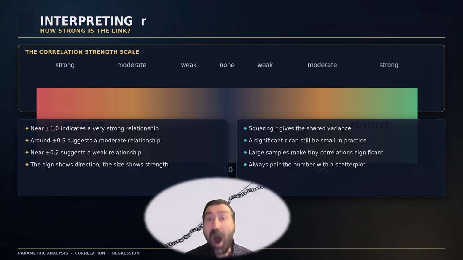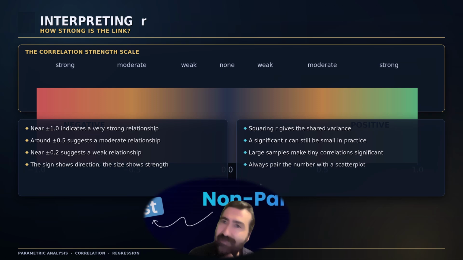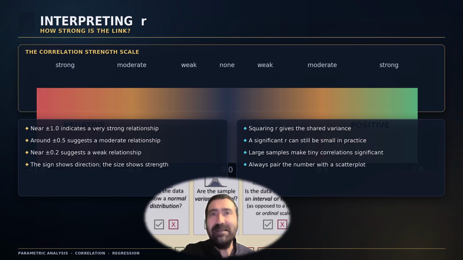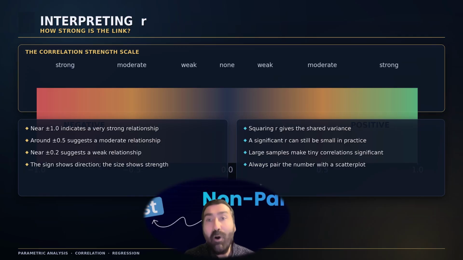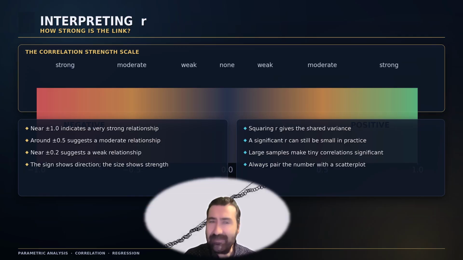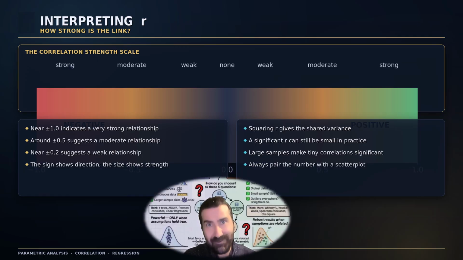If you take r and you square it, you get the shared variance, the slice of variance in one variable that the other one can account for. Hold on to that because it is going to come right back when we talk about regression. And as always, pair every correlation with a scatter plot. The number all by itself can absolutely fool you.